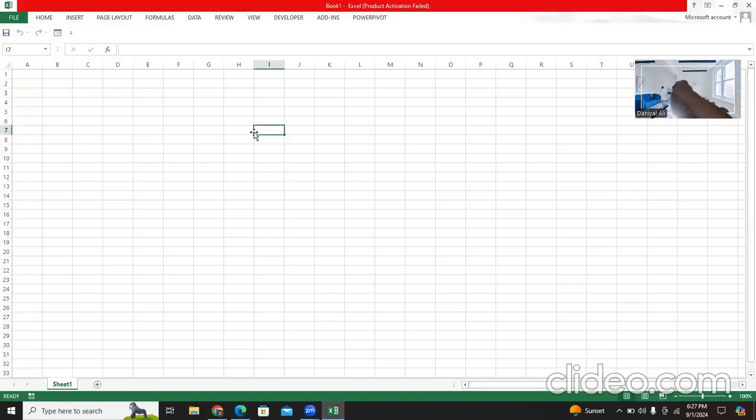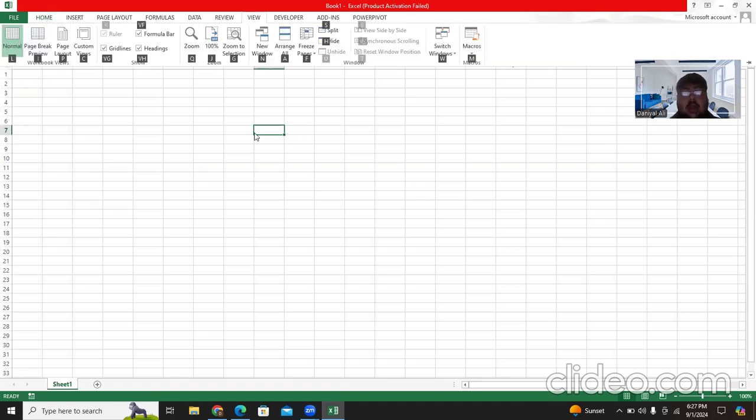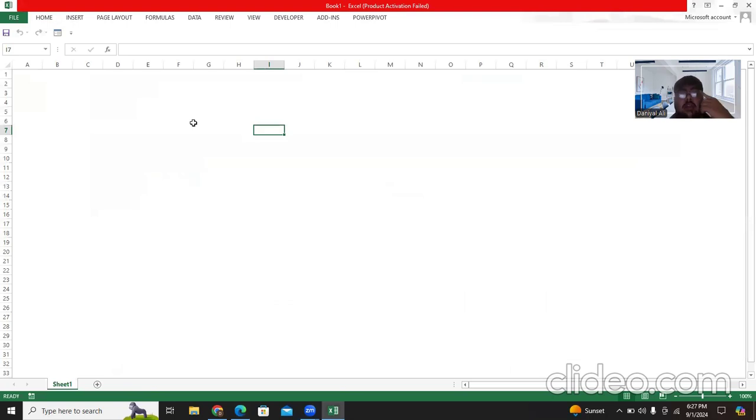Let me use a shortcut key: Alt, then W for the view, and then VG to remove the gridlines. Now the cash flow statement.